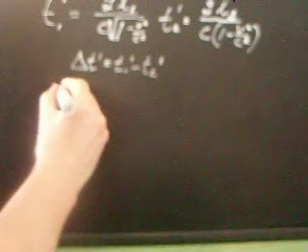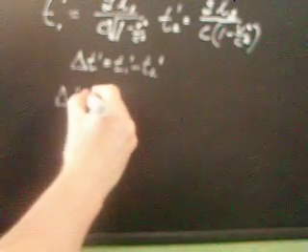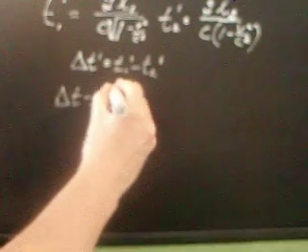We can calculate then delta T minus delta T prime.